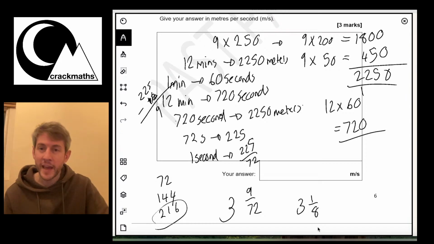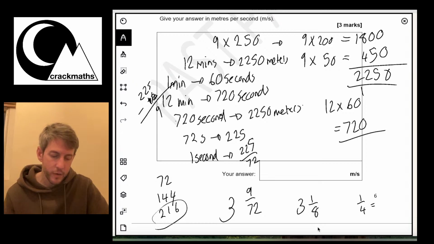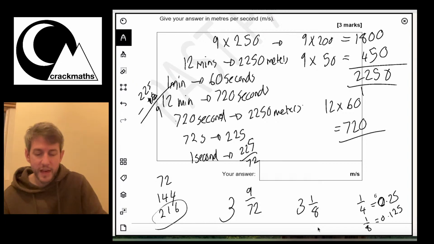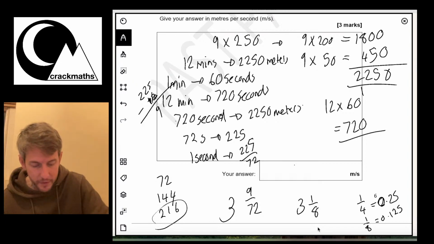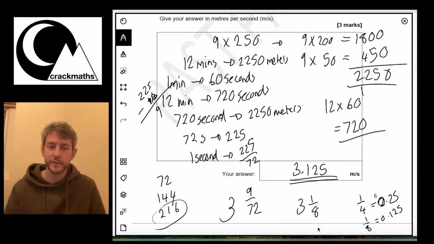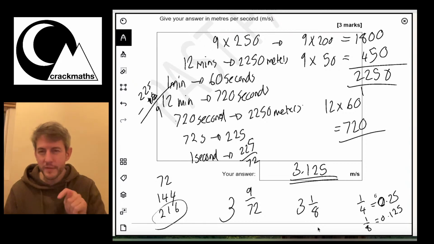An eighth is half of a quarter. So if a quarter equals 0.25, an eighth equals 0.125. Therefore, this answer is 3.125 metres per second.